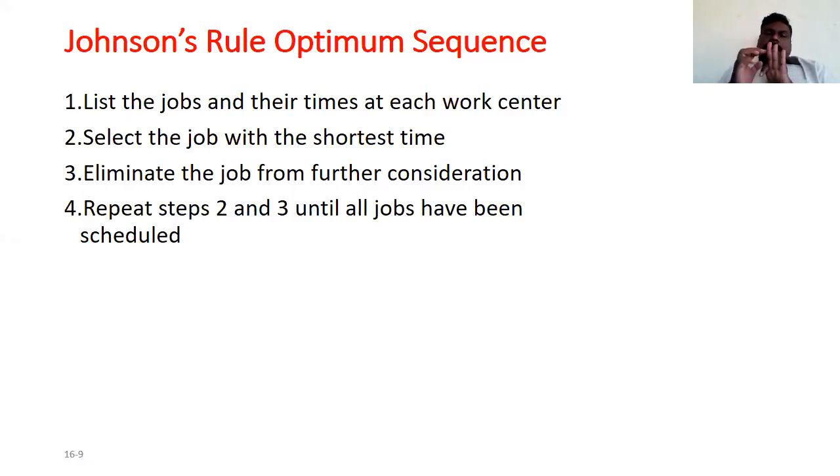Then out of the remaining three, again we see the least time and pick that up. Out of the remaining two, we pick the shortest. In the next class we will be solving some examples of how we are going to sequence this. But the rule is: select the job with the shortest time first, eliminate the job from the sequence, then repeat these two or three steps until all the jobs have been scheduled.